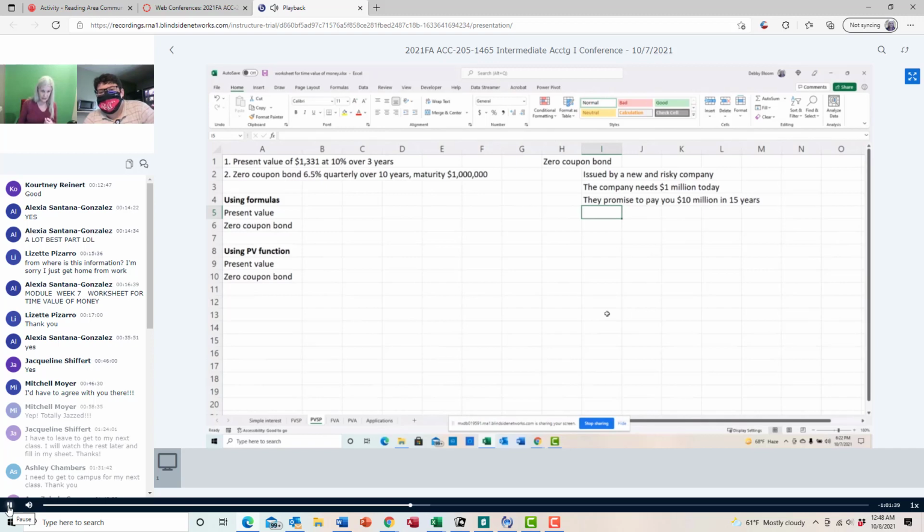With a zero coupon bond, normally they don't tell you how much they're going to get today, but they make a promise: I will pay you a lump sum of 10 million in 15 years, or I will pay you 5 million in 10 years, whatever it is, and they sell those bonds. So whoever owns the bond has the right to get the money in the future.